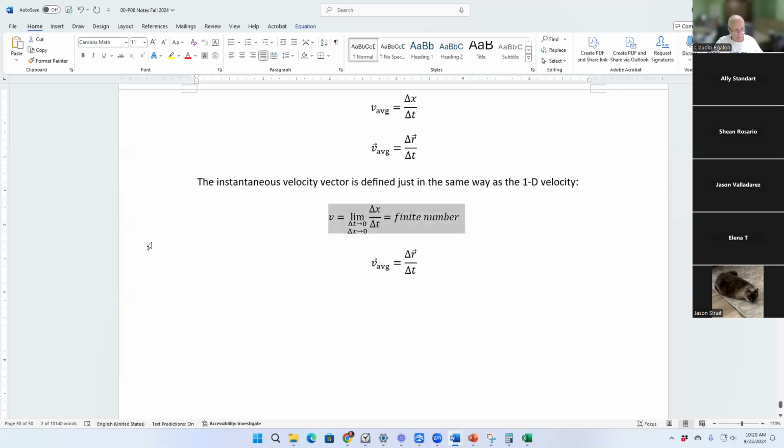The velocity vector is exactly the same thing, and we put a delta R over delta t inside. When delta t goes to 0, delta R goes to 0 as well, giving not a finite number, but a finite vector.